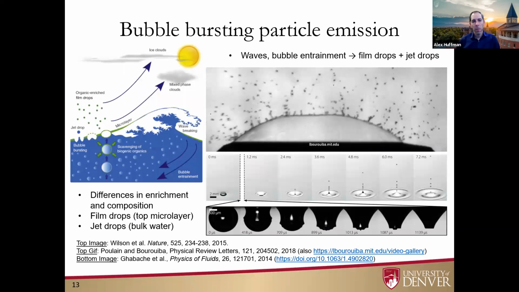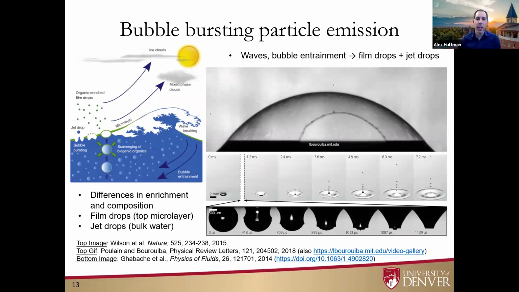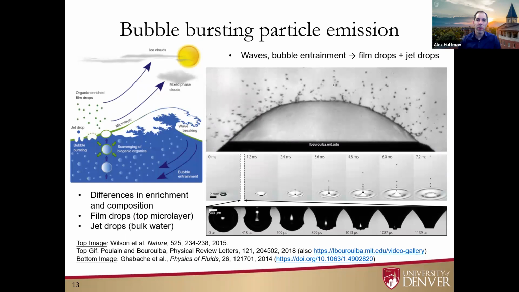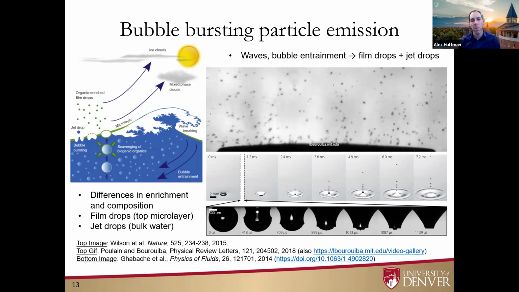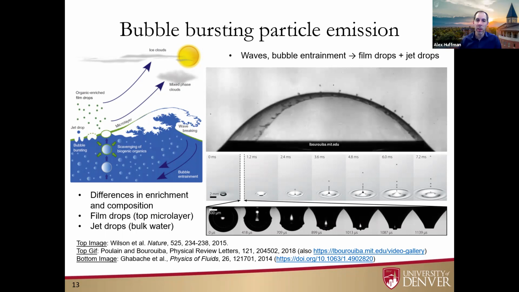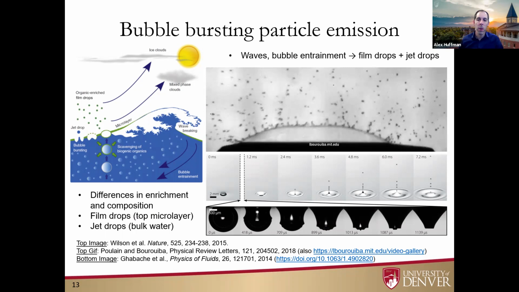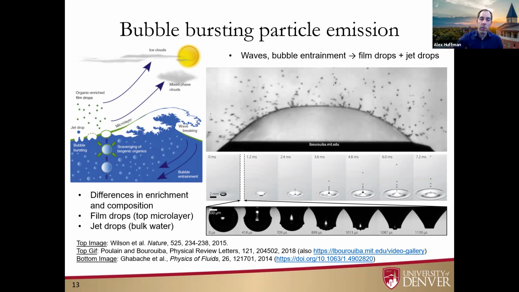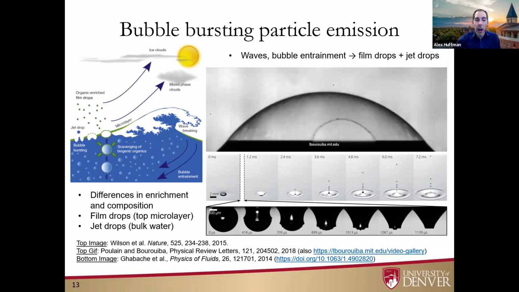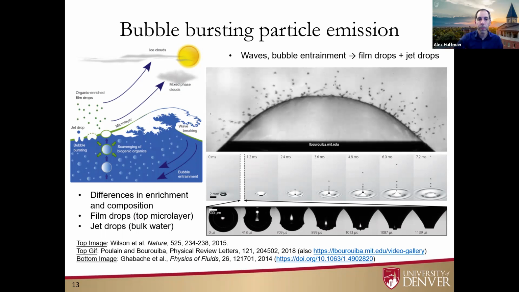Here's another mechanism of bioaerosols getting into the air and outdoor environment. This is a GIF from Lydia Bourouiba's group at MIT, showing bubble bursting. This is the same mechanism by which particles enter the atmosphere from the ocean. It doesn't have to be a bioaerosol to get into the atmosphere this way.